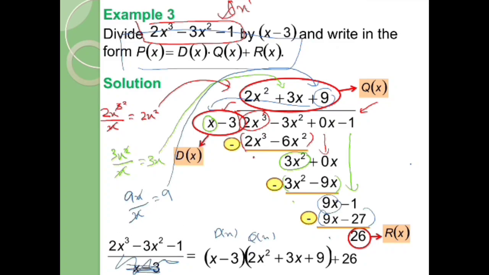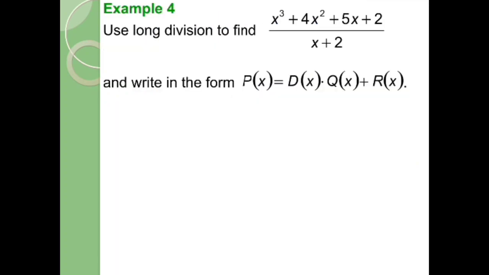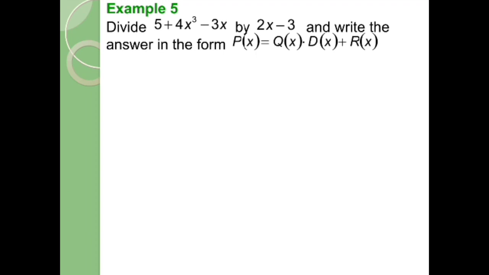Try out example 4 and example 5. A tip for you to solve example 5, please make sure that the polynomial is arranged in order. So this polynomial is 5 plus 4x cubed minus 3x. Make sure you start with the highest degree of the polynomial.